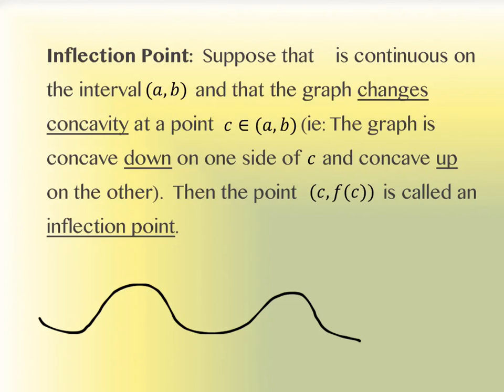Because they change concavity, the places where they change concavity have a name, and those are called inflection points. So an inflection point is simply a place where the concavity changes. That is, the graph changes from concave down to concave up, or vice versa.